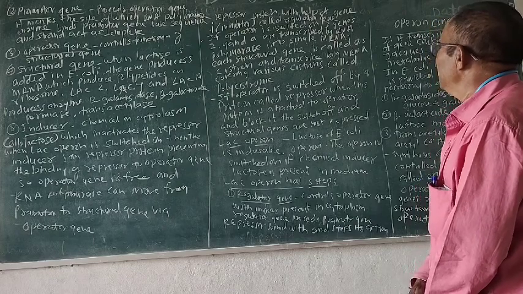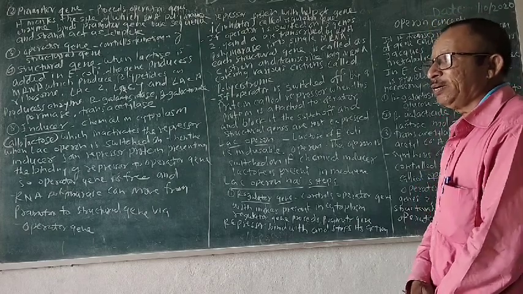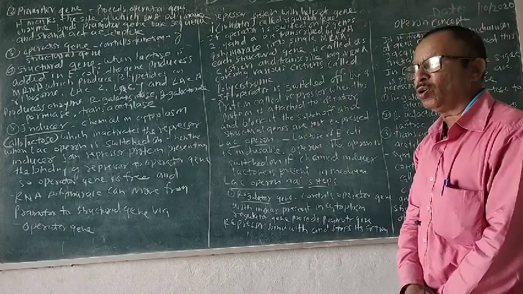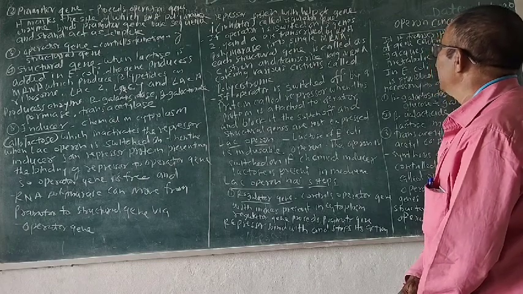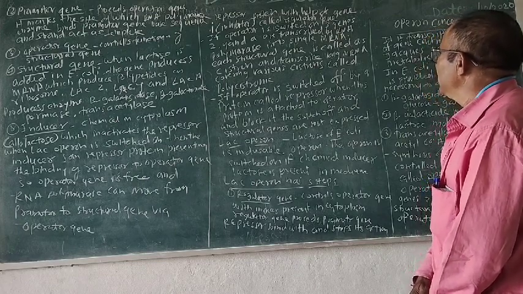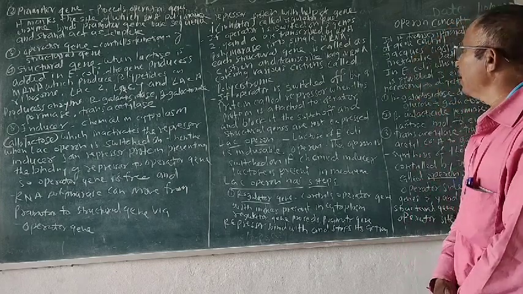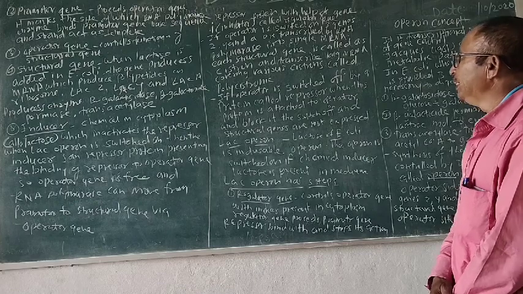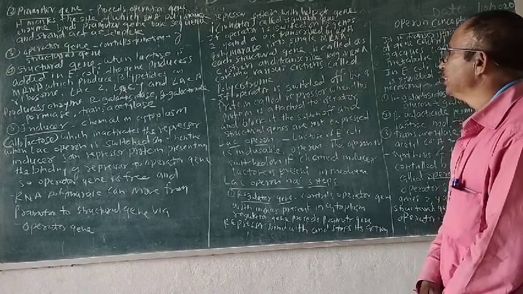Each structural gene is called a cistron. We know that there are different names: cistron, recon, muton. So here each structural gene is called a cistron, and it is transcribed into a long mRNA covering the various cistrons. That is called polycistronic mRNA. So keep some words in your mind.